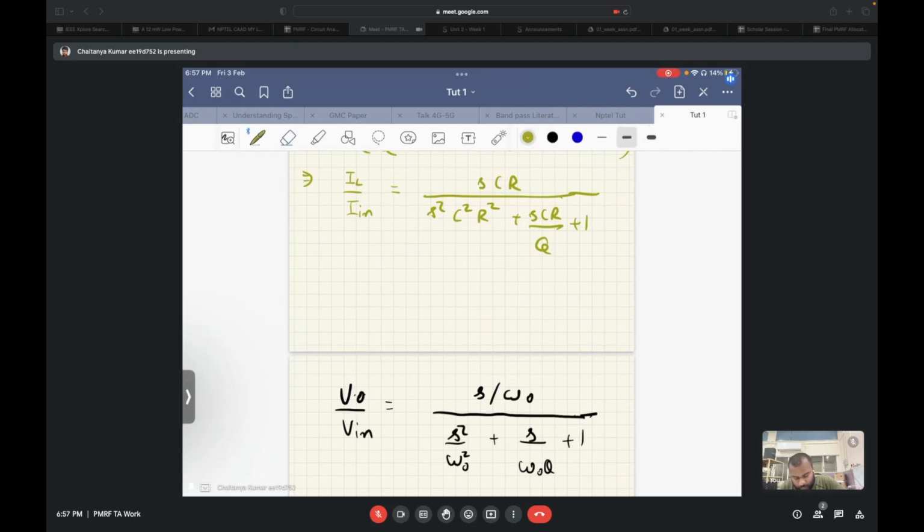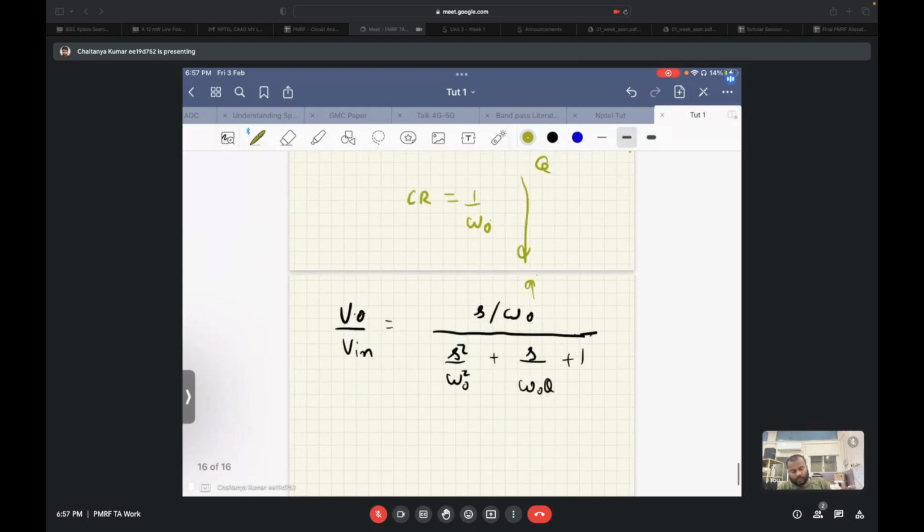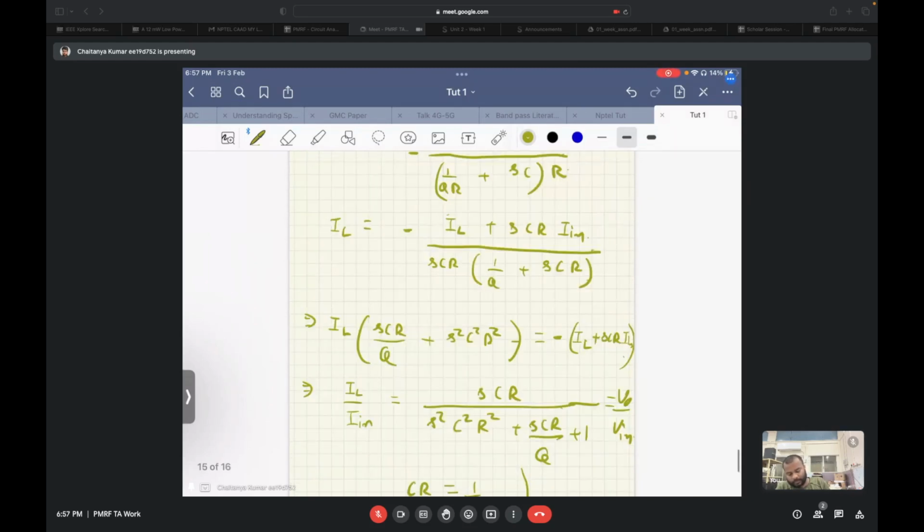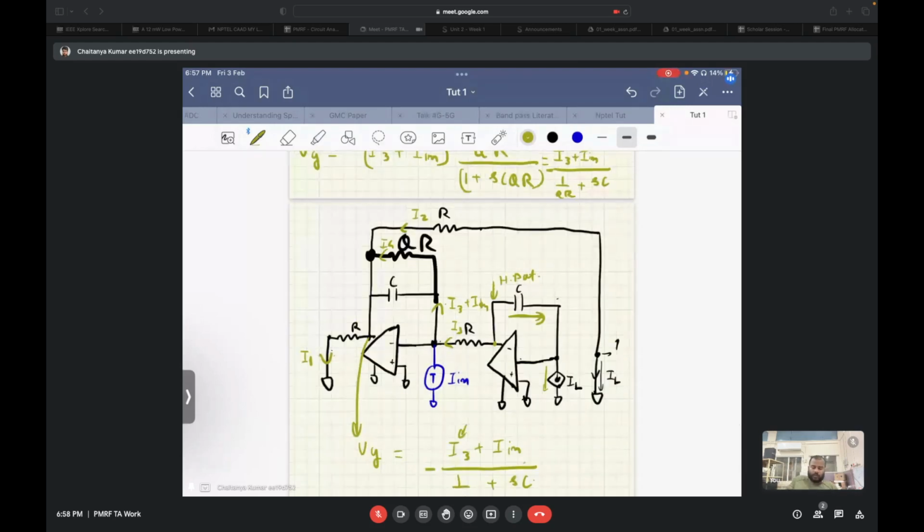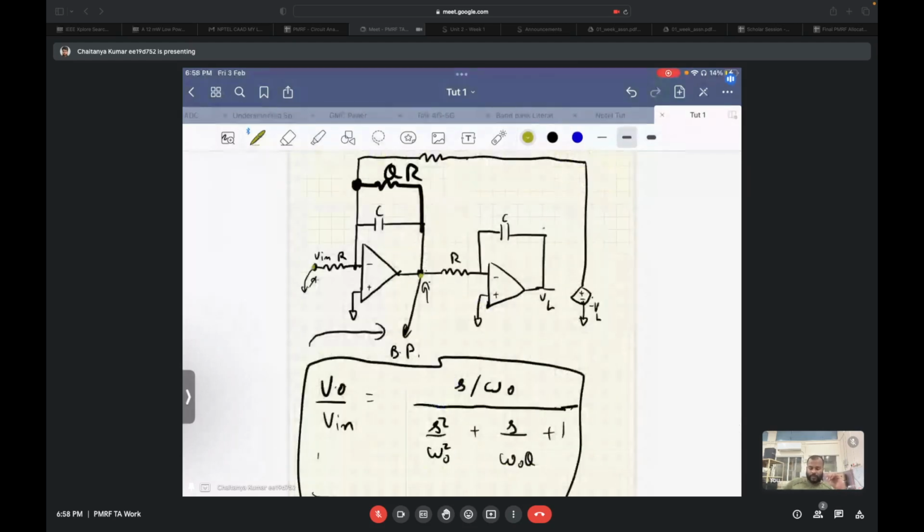If we compare these two transfer functions, we have RC is equal to 1 by omega naught. Then we get the same transfer function as the following, and hence we have proven that reciprocity is valid in this case also. So the input to output is a band pass mode.